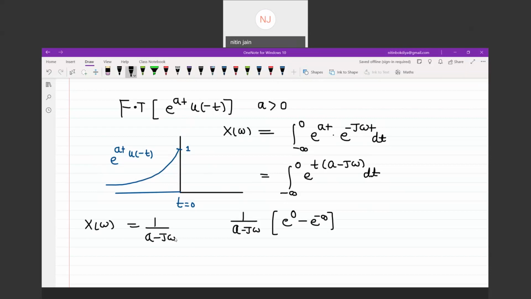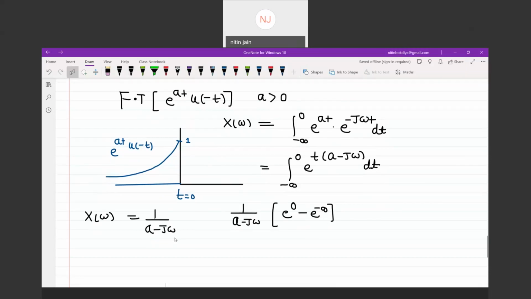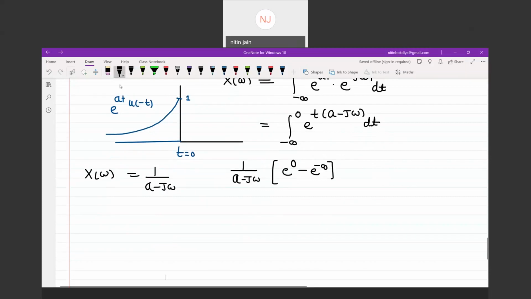a minus j omega. And what is the phase of this? We need phase and magnitude.